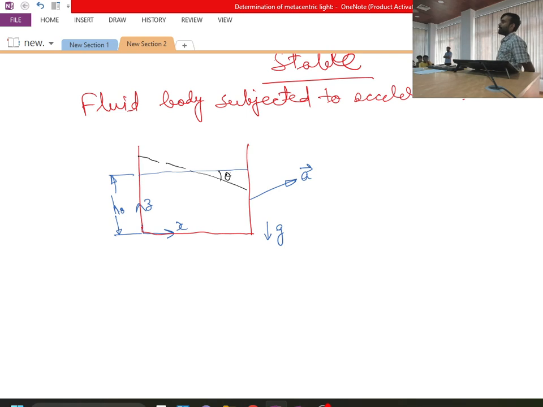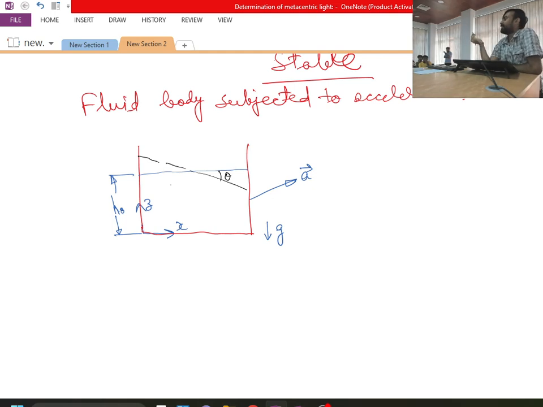So we have to determine, depending upon the magnitude of the acceleration, how much the value of theta will be, and whether we will have a straight free surface or a curved one. That is something we can determine now. Typically, I have the x direction and the z direction, and there is one direction normal to the board, which is the y direction.